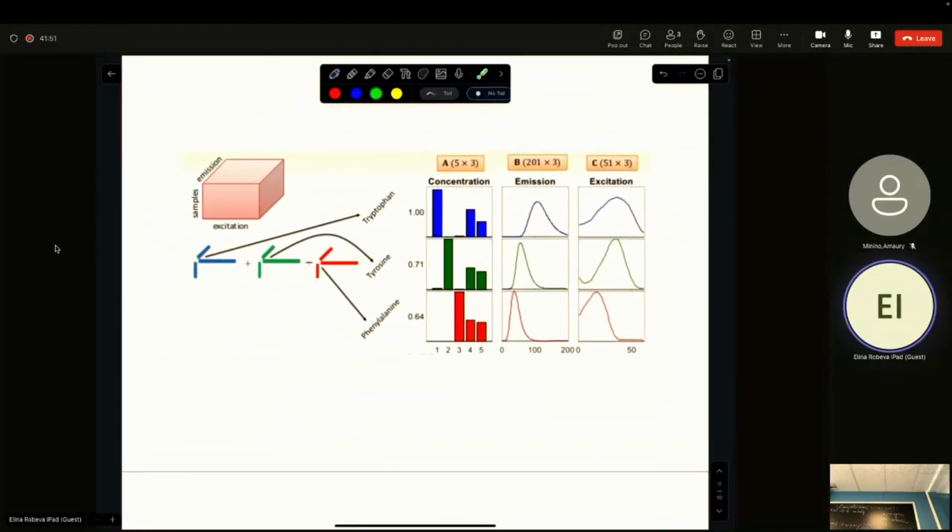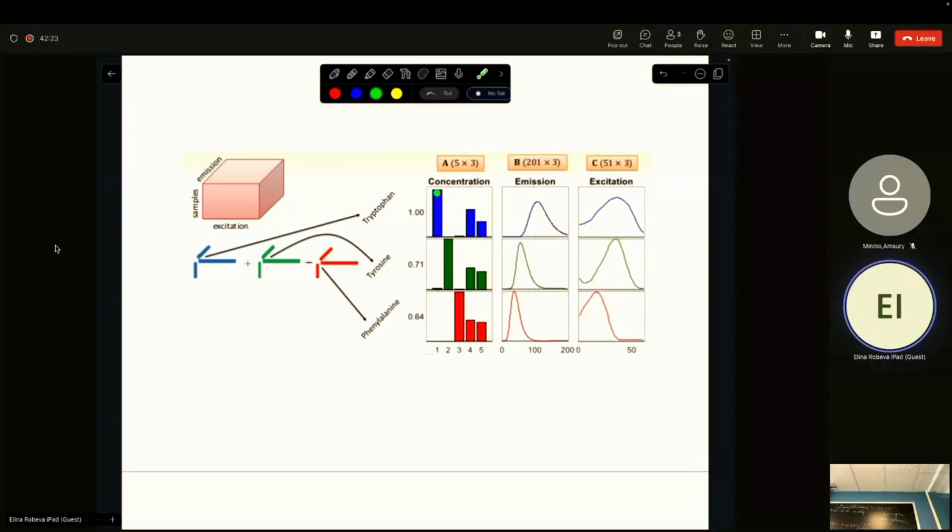So in that paper that I cited, they actually did this experiment, and they had this tensor. It's a sum of 3 rank 1s, and you can see that for each of them, you get the alpha, which is the concentration of each of the, I guess, 5 chemicals. Wouldn't there be 3 chemicals? Yeah, there's 3 chemicals, and these are the concentrations of this chemical in each of the 5 samples.